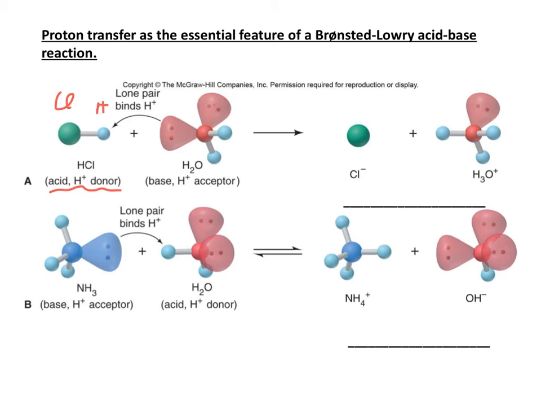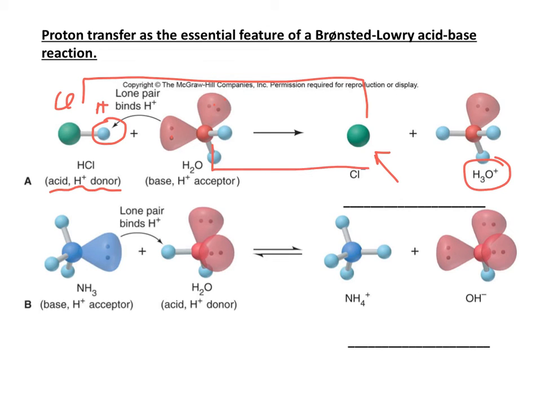That lone pair of electrons is capable of snagging the proton off of HCl. And what happens, it leaves behind Cl minus, and we have H3O plus. So that's an example of a Bronsted-Lowry acid-base reaction.